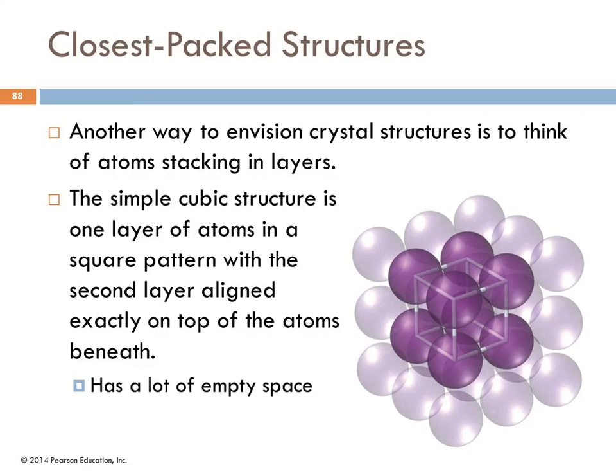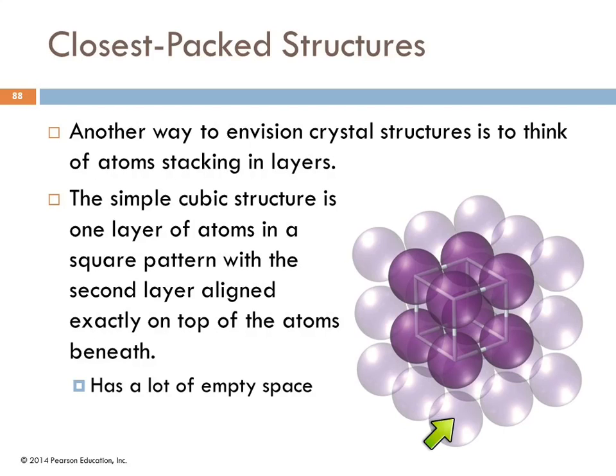So we looked at these crystal structures by their unit cells. Another way is to think of atoms stacking in layers. So the simple cubic cell is 1 layer of atoms in a square pattern with the second layer lined up exactly on top of the atoms beneath.